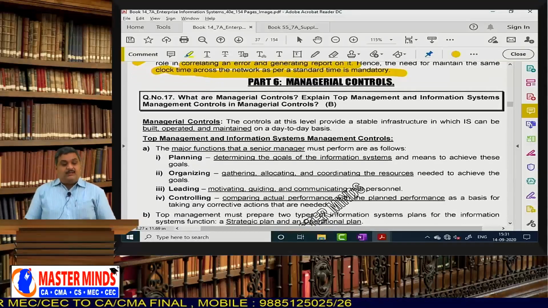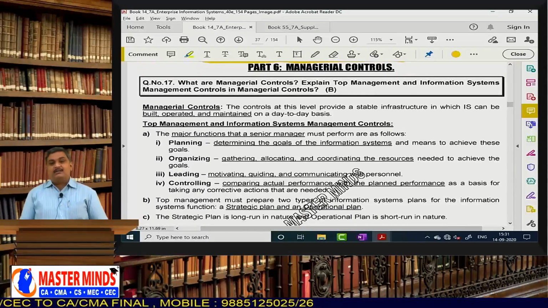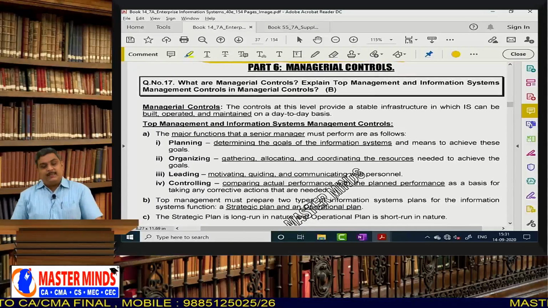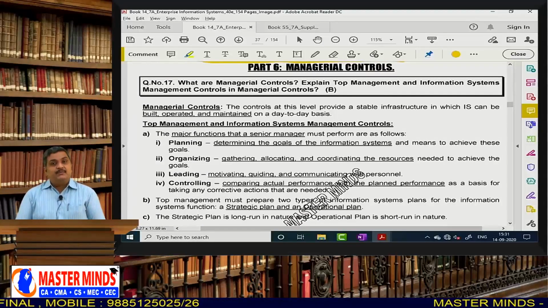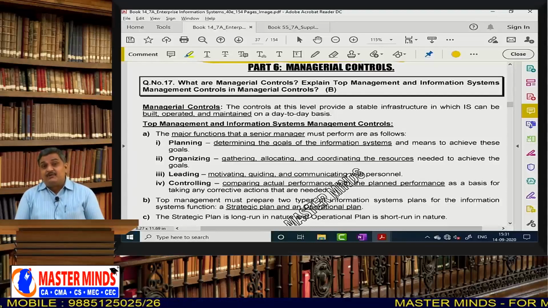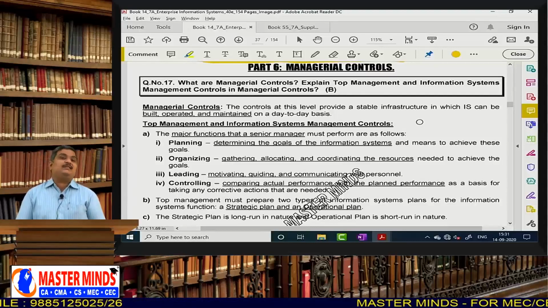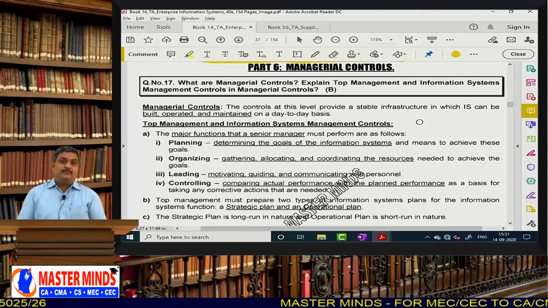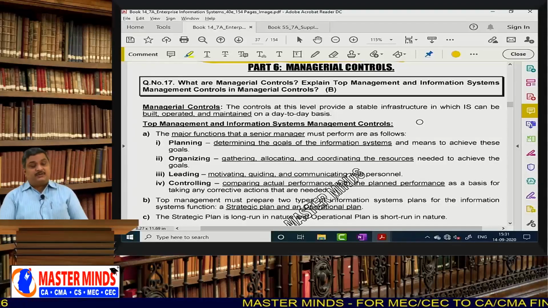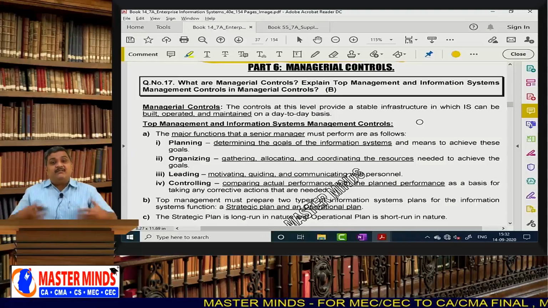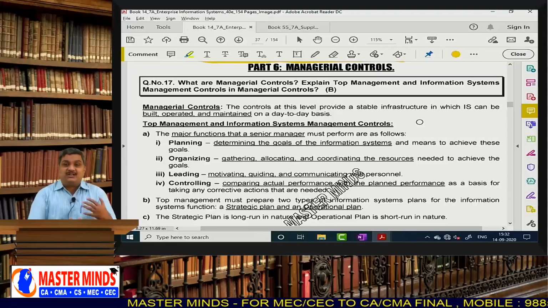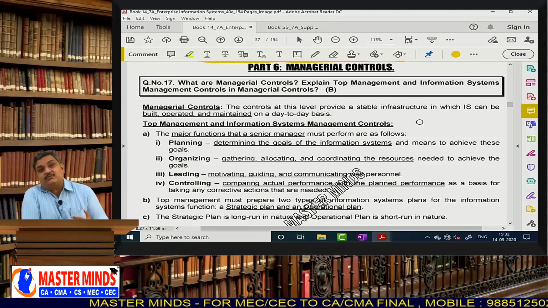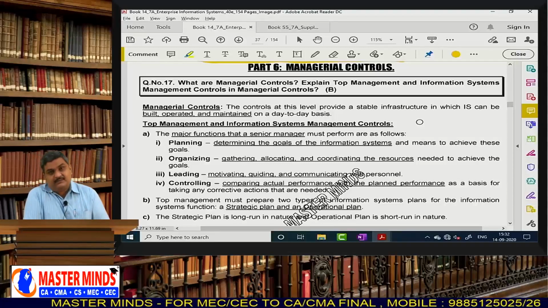And now, the most important part, that is managerial controls. Developing and setting up an information system is not an easy task. It requires top management support. The top management should initiate the development of a system and actively participate in the information system building process.